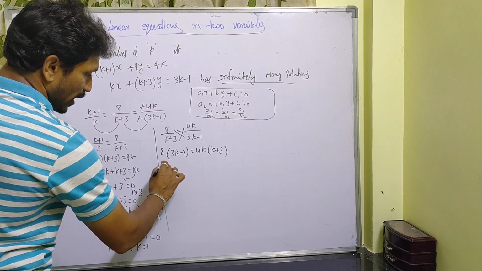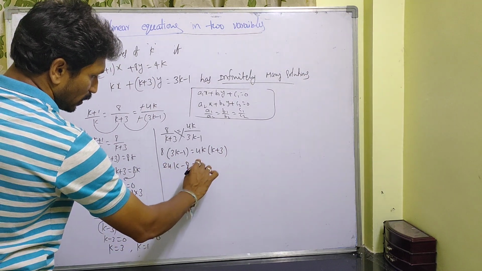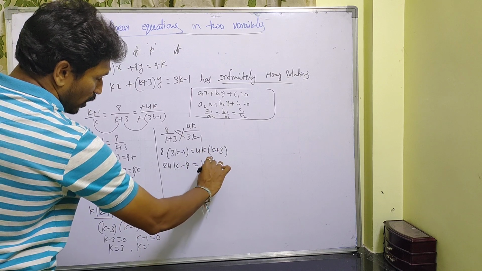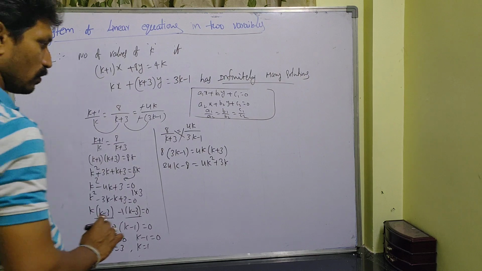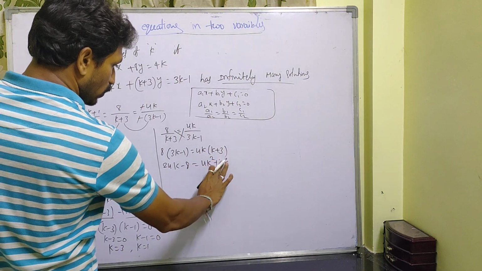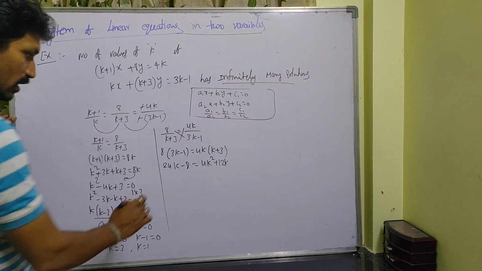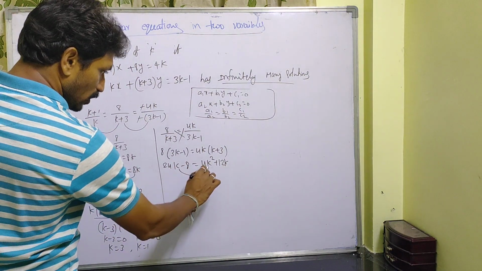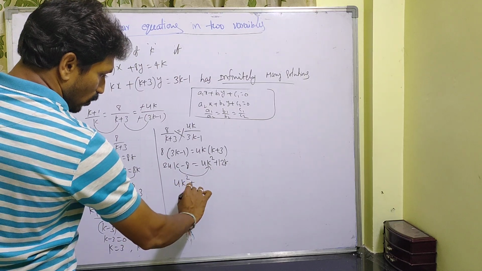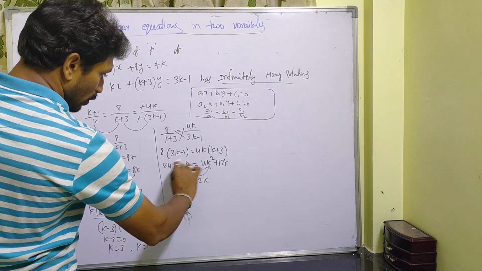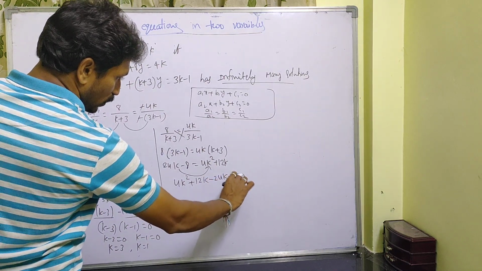So 8 into 3k, 8 3s are 24k, minus 8 is equal to 4k square plus, sorry, 3 into 4k, 3 4s are 12k. Okay, see, transpose every term to the right side. 4k square plus 12k minus 24k plus 8 is equal to 0.